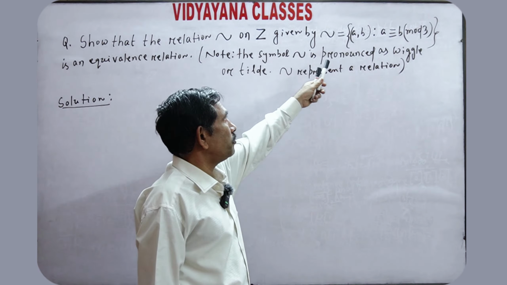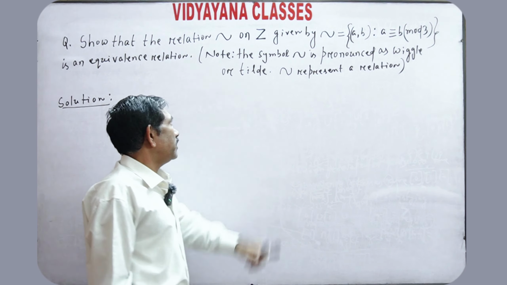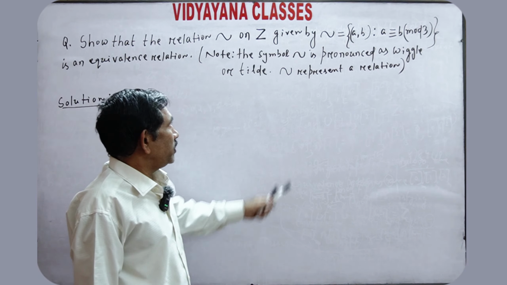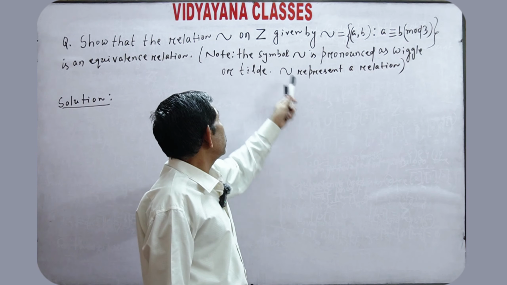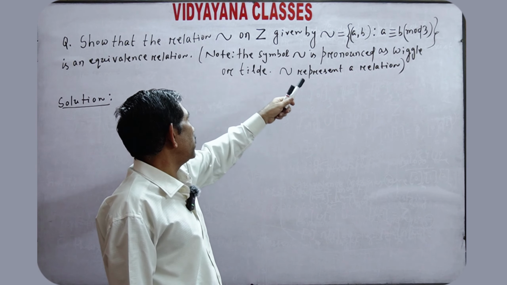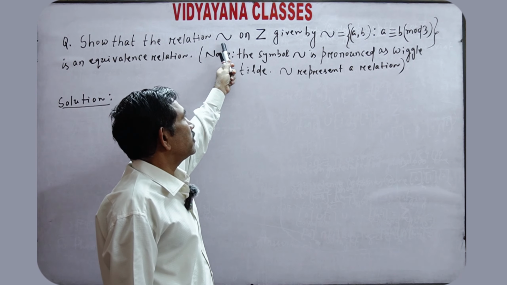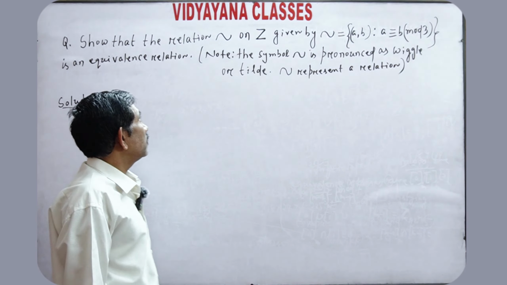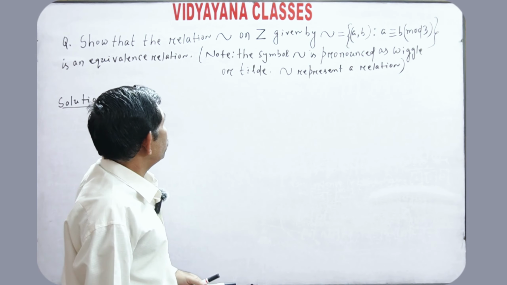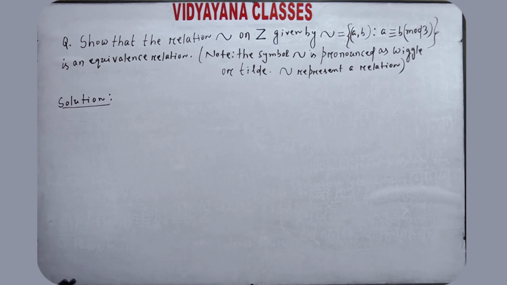This symbol is pronounced as wiggly or tilde, which represents a relation. We have to show the relation wiggly is an equivalence relation.